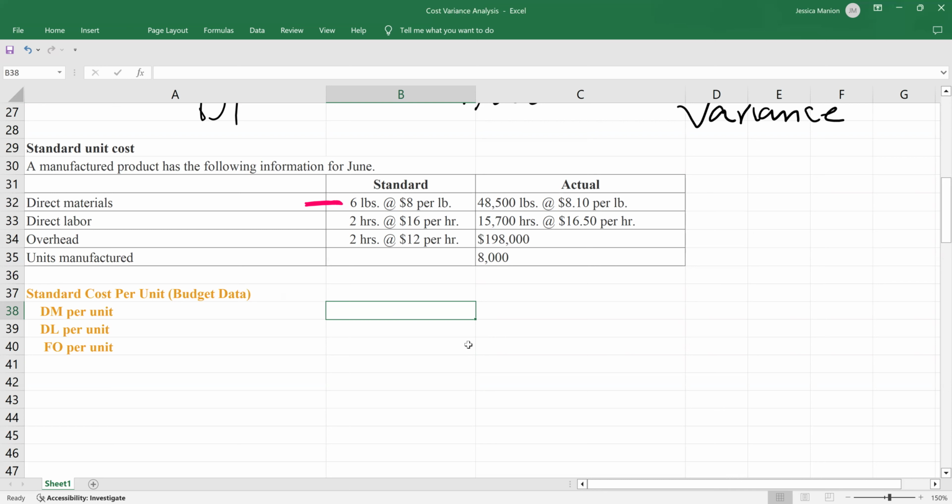So our direct material per unit is 6 times 8, $48 is what our material cost us per unit. Okay. Now labor, same deal, right? Here's our labor. So each unit requires 2 hours of direct labor at $16 per hour.